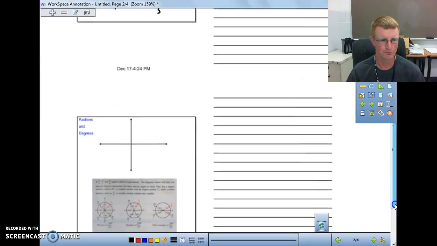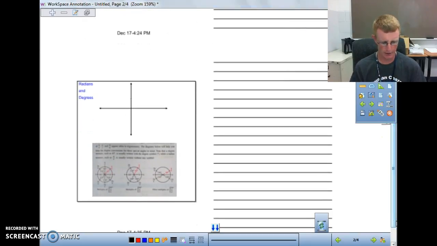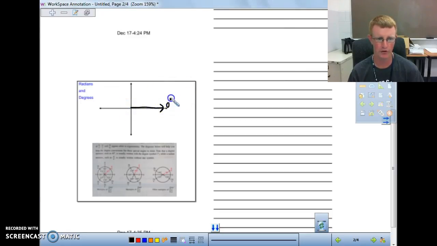Okay, moving on. Let's talk about where on the coordinate plane all of these matter. When we start, our initial ray will always start here. That's where our initial ray will start. So therefore, that's our 0 degrees and our 0 radians.